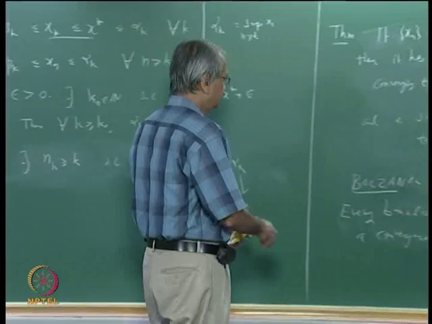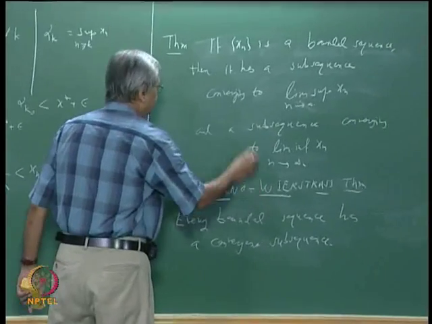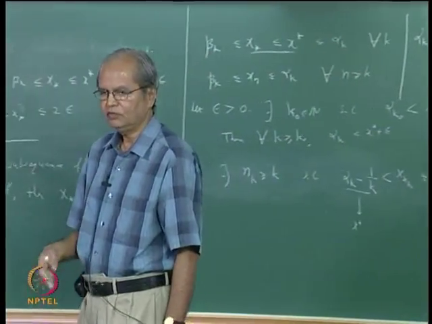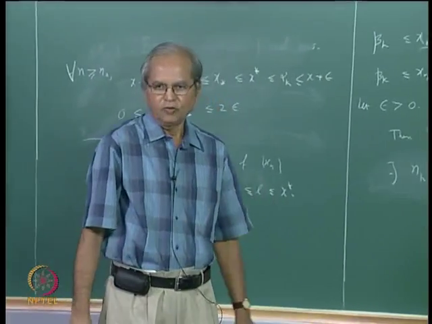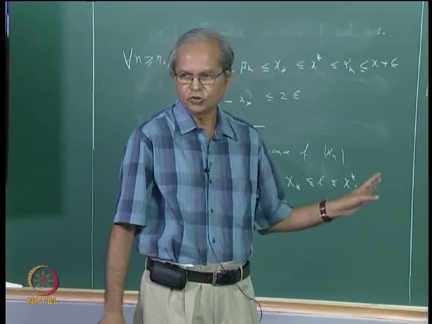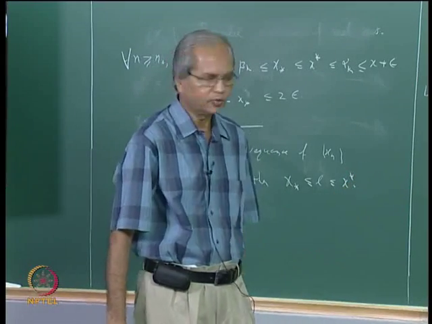In fact you can see that we have proved here something more. We have said that there exists a subsequence and we also said something about its limit. Of course, for every convergent subsequence, its limit must lie between limit inferior and limit superior, that is something we have seen already.